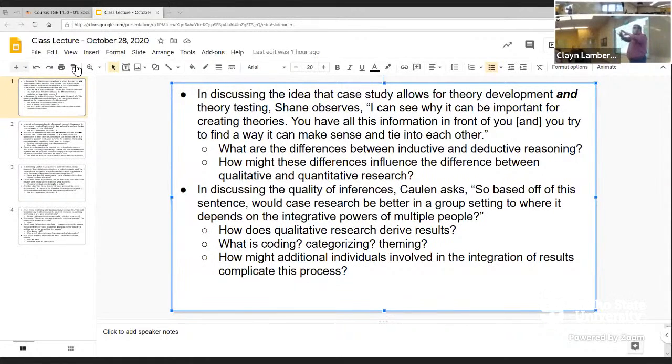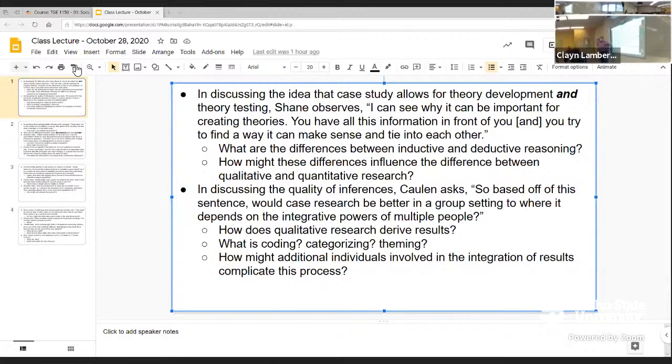So once I got all of that transcribed, so it wasn't just a video, but I actually had the words on page in front of me, I then started going through and I marked anything that I thought sounded interesting. That's called coding. Coding doesn't have to do with secrets.